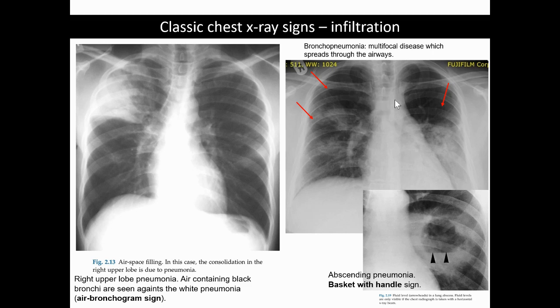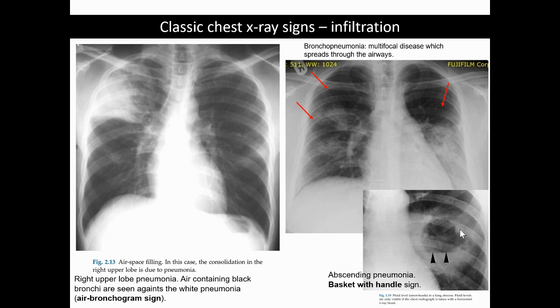Another classical appearance of pneumonia is bronchopneumonia, where you have multifocal disease, which is patchy because it gets into the bronchi and it can spread literally anywhere in the lung. And sometimes when pneumonia forms an abscess, then you will see again an air fluid level, just like we saw in hydropneumothorax.